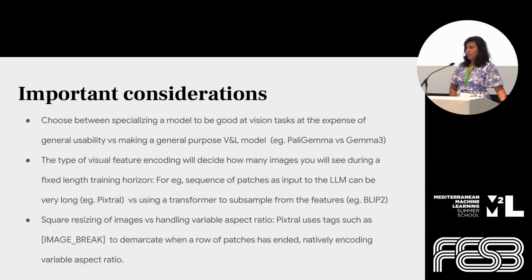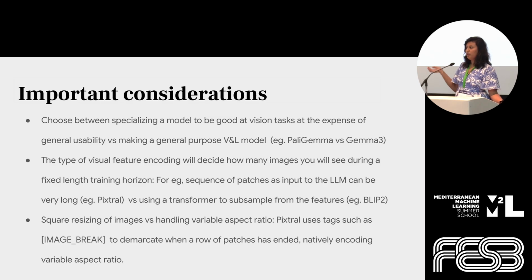So some important considerations, especially because the things I said before are pretty much for all language, but specifically for vision, it's important to know before the fact whether you want to have a model that's specialized to just do vision or actually keep its general usability as a general purpose vision and language model.